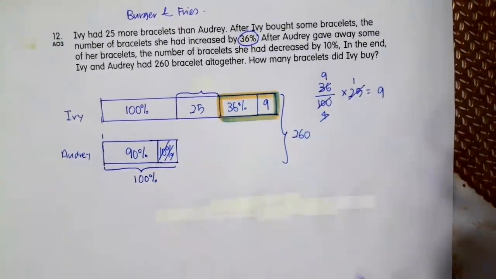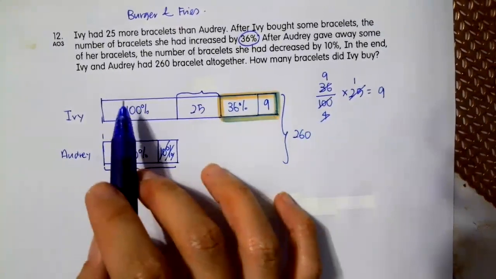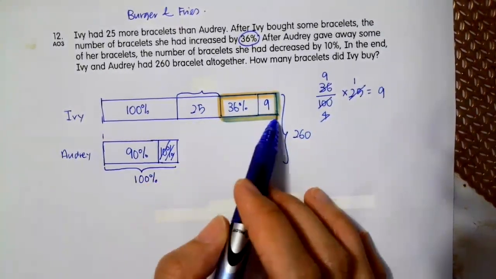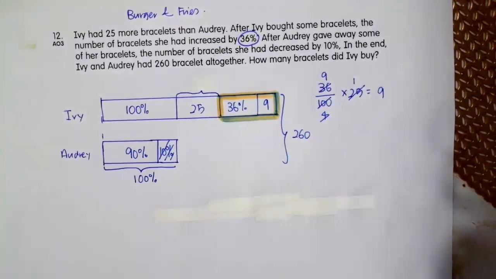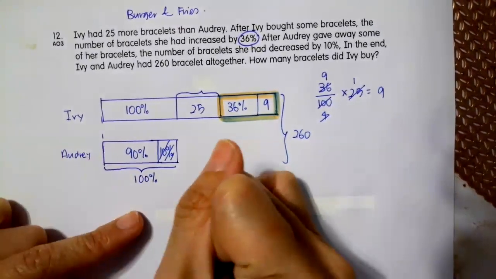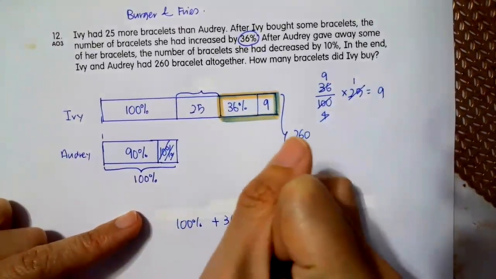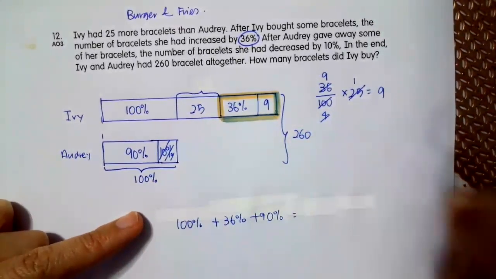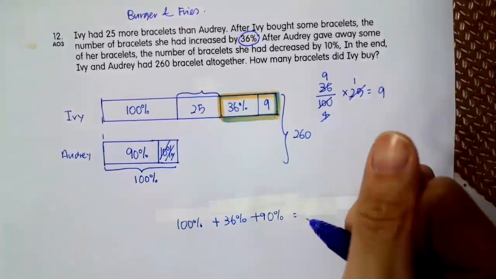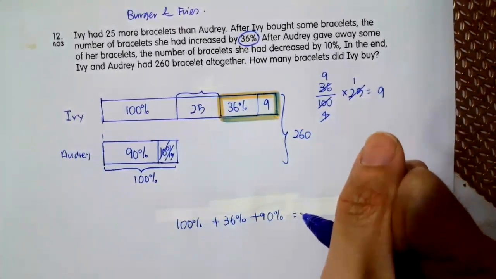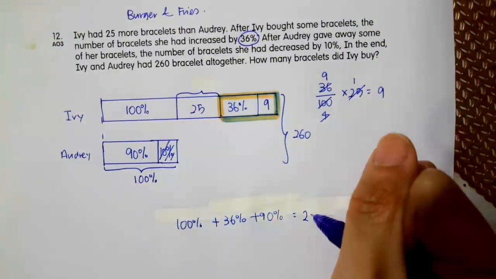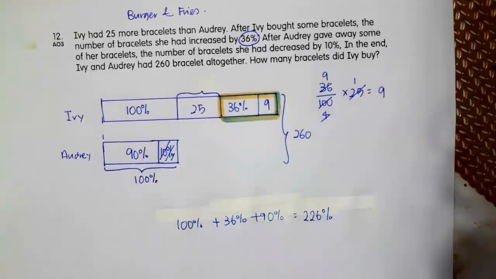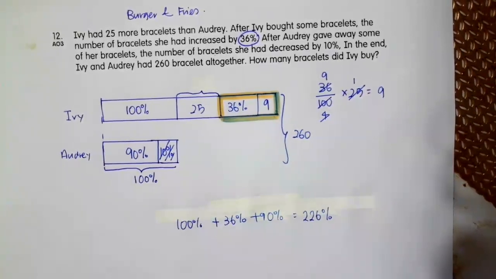Okay. So I know that this whole thing, 100% plus 36% plus 25 plus 9 plus 90% is 260. So what I'm going to do is I'm going to add the percent together, 100% plus 36% plus 90%. That will give me a total of 226%. Okay, so 226% plus 25 plus 9 give you 260.